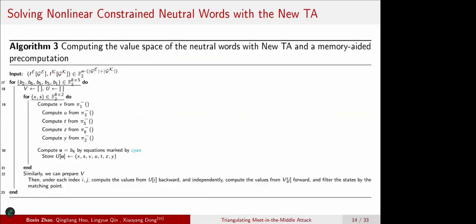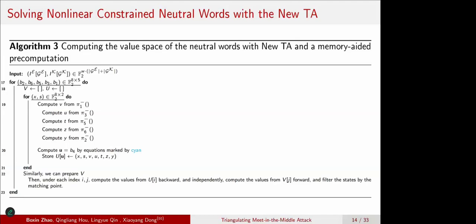Based on our new TA, we summarize the method to solve the nonlinear constrained natural words in Algorithm 3. First, for each combination of constant values, traverse the free variables x and s. Second, deduce the dependent variables and compute the constraint value b4.